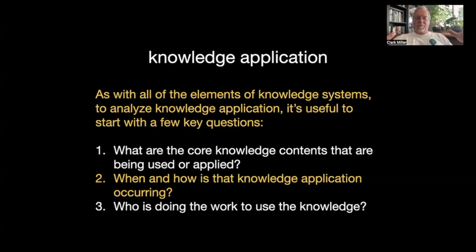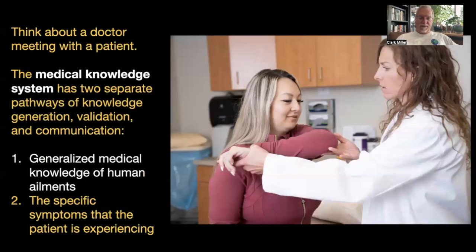Or by contrast, when they're making that decision, when they're taking that action, do they have all the knowledge available to them that they think they need? Or are they constantly asking themselves at that moment, how come I don't know this? How come I don't know that? Right? That's an opportunity again to improve your knowledge system by producing some additional information and delivering it to the decision maker at the time.